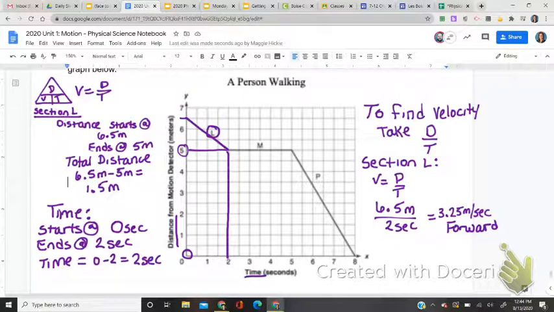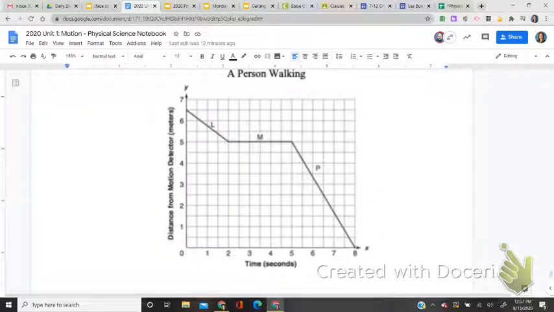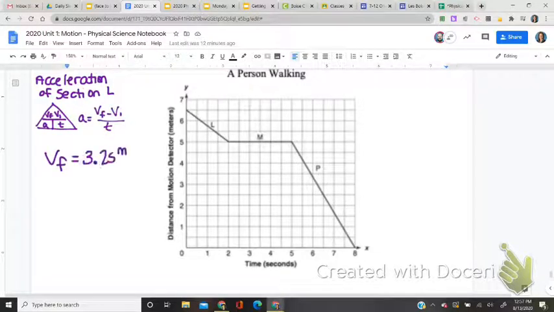Moving on real quick to how to find the acceleration of L. If we're trying to find the acceleration of L, we use our velocities to help us, because we know that acceleration equals the change in velocity over the time.